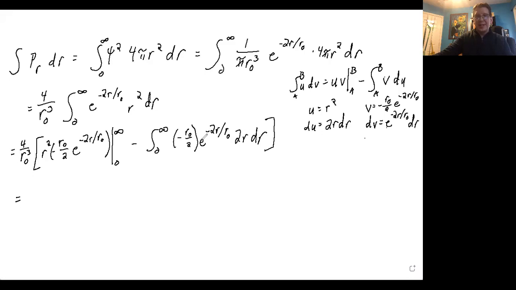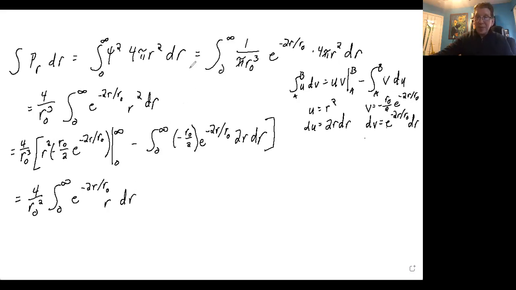So the 2's cancel and the negatives cancel. And so you have 4 over r naught squared, and again, the negatives cancel. And so you have e to the negative 2r over r naught times r dr.